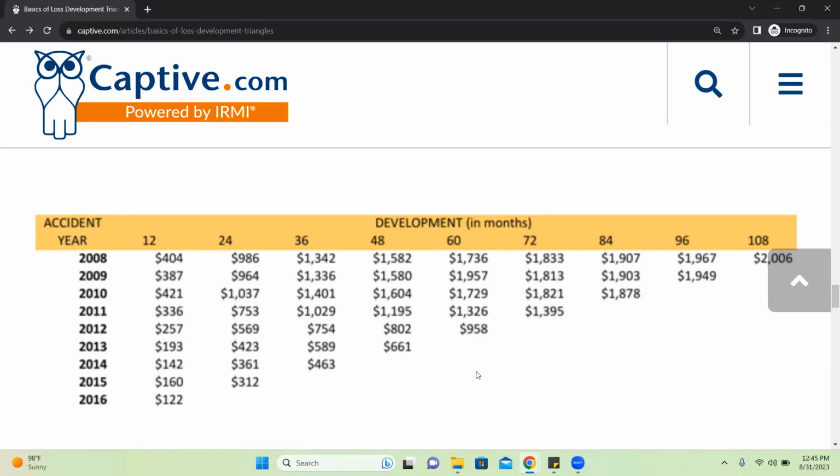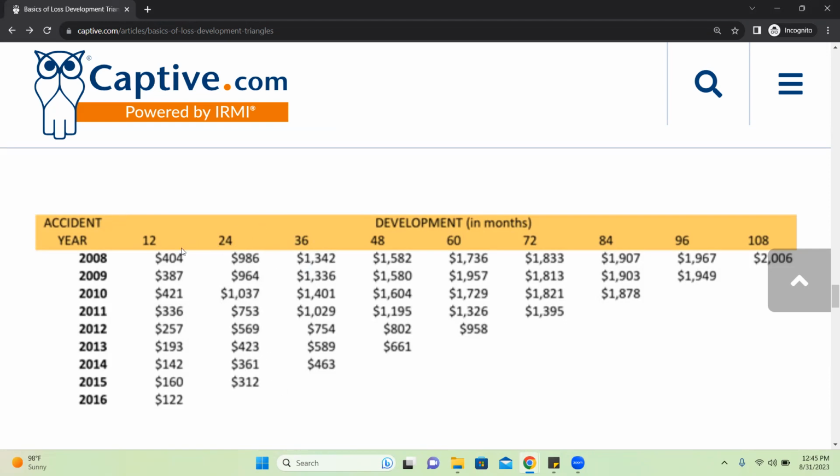And something else that also stood out is in 24 months later, in particular, all the other accident years, the paid claims look pretty normal, but then in 2010, there was a spike.